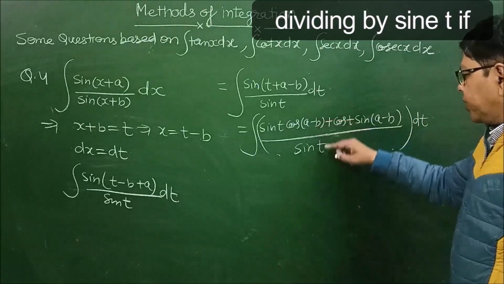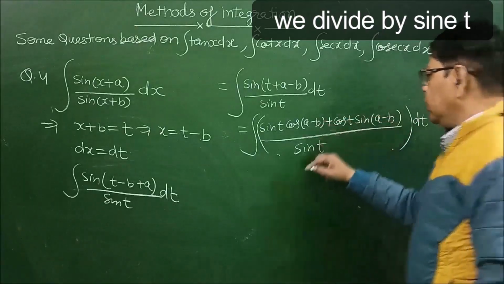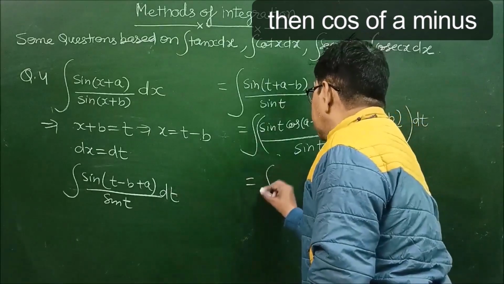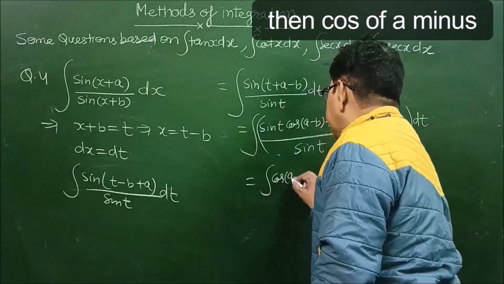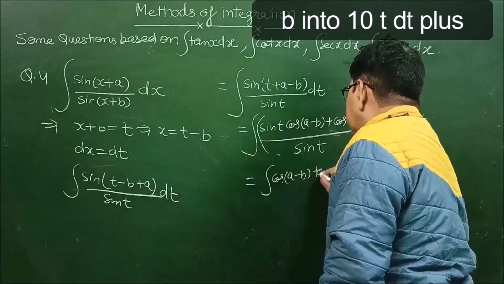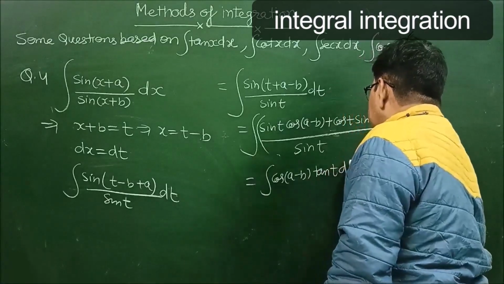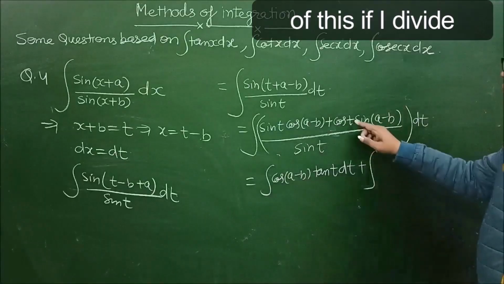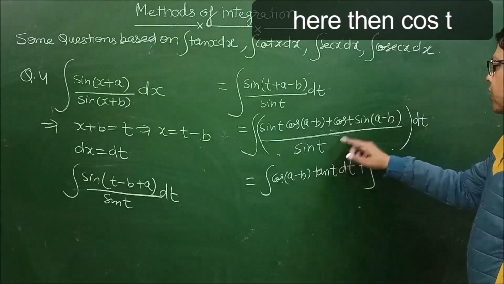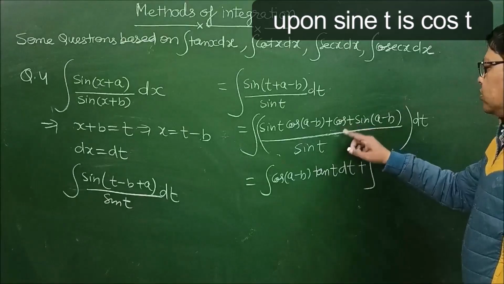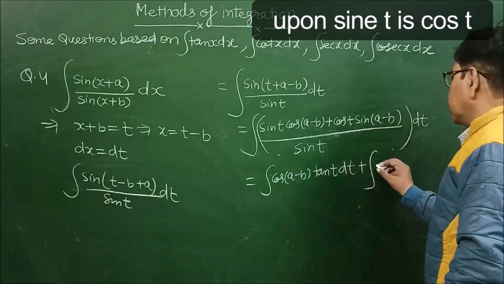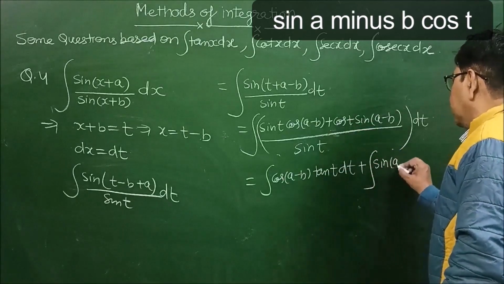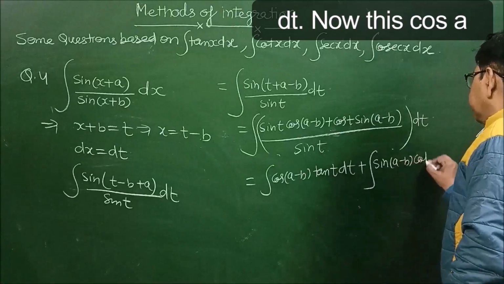Now separately dividing by sin t, we get cos(a minus b) into integral of 1 dt plus the integral of cos t upon sin t, which is cot t, sin(a minus b) cot t dt.